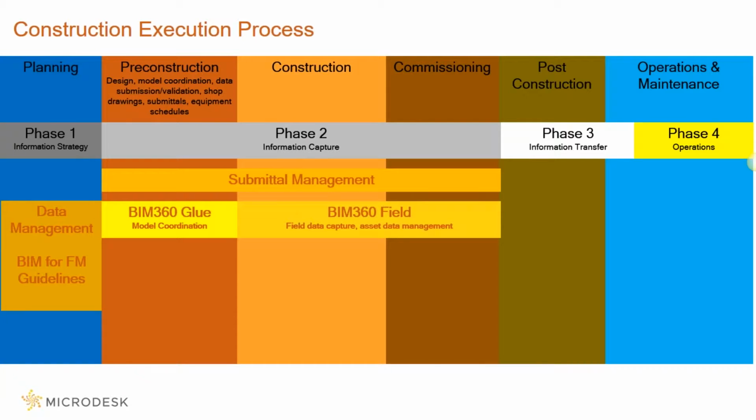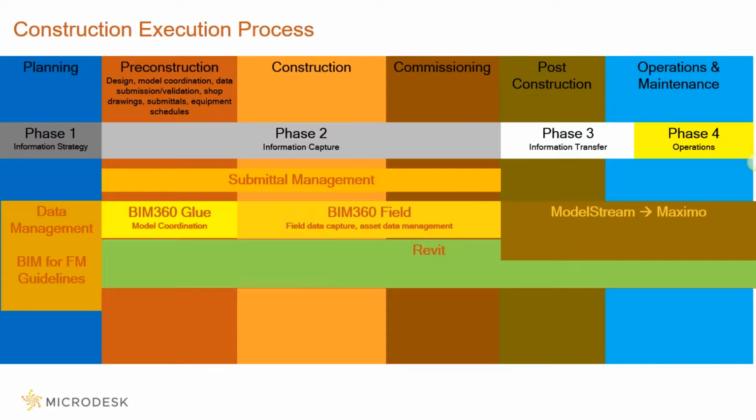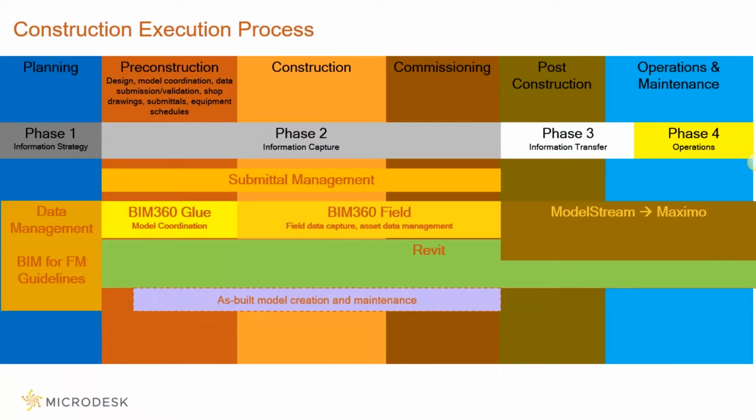Revit is the underlying technology that connects all these pieces together. And then there's the as-built process, a data extraction process, and throughout the entire process, we're talking about analysis and reporting.